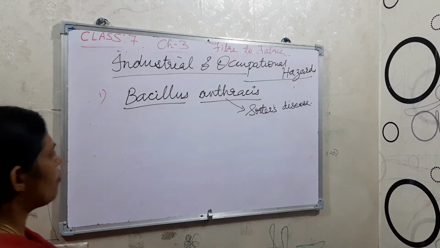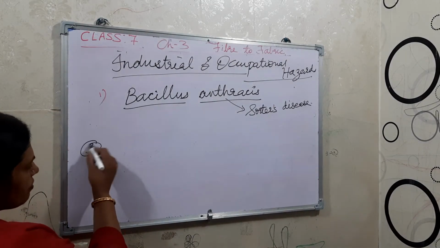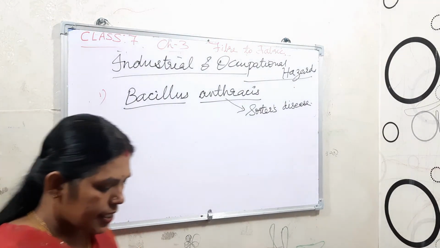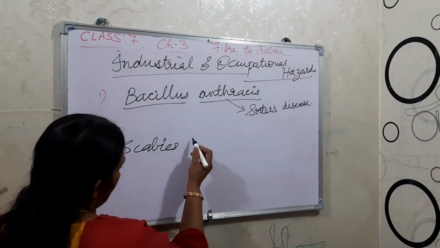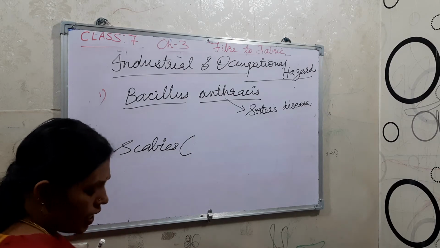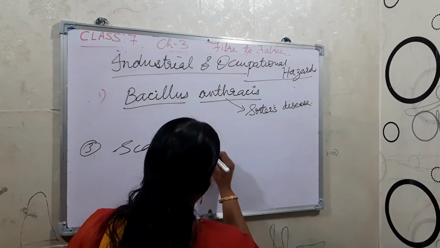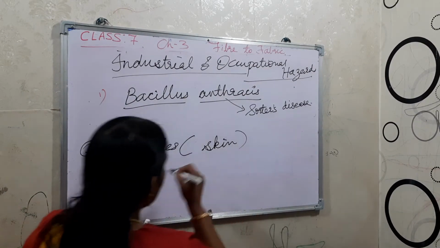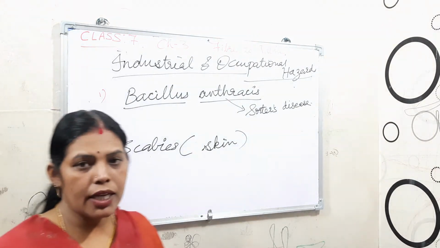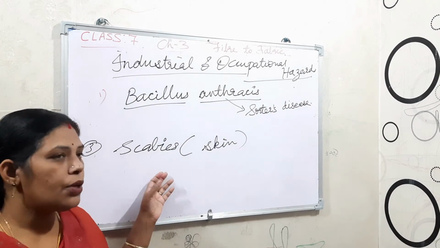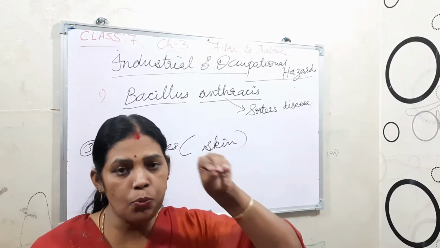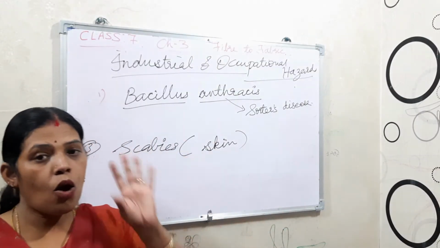And the third one is scabies, or we can say a skin disease. Scabies is a skin disease only. How does it happen? Those who are working in the silk industries have to put their hands inside hot water again and again.